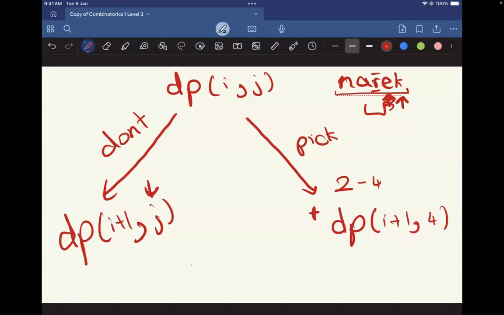And do you agree when you reach I equal to n, what can we return, guys?